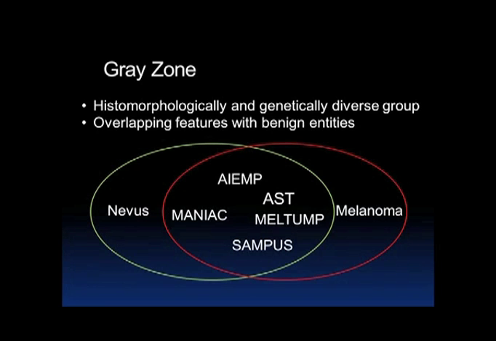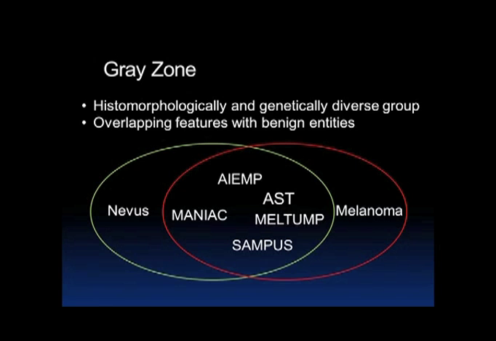Now, I talked about that there are different entities. You have a wide range of histomorphologic features. So generally, we're talking about a histomorphologically and genetically diverse group, and the overlapping features with the benign entities don't make it much easier.